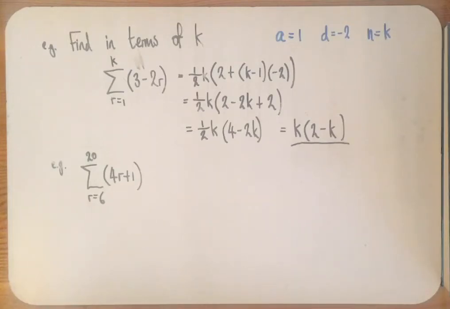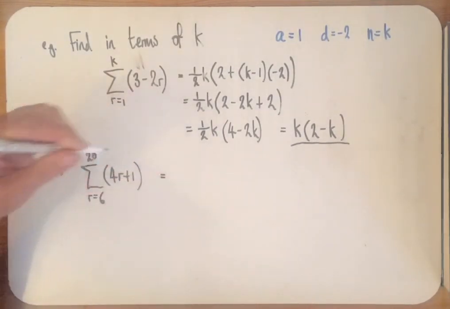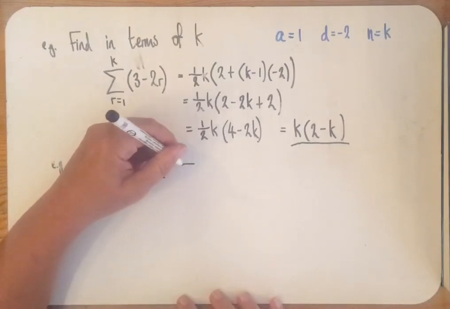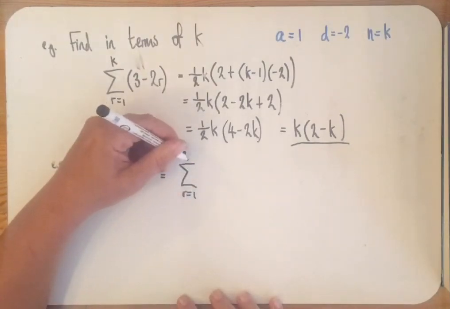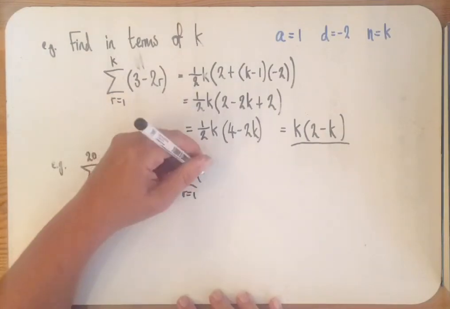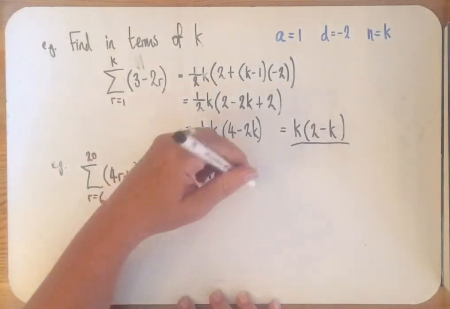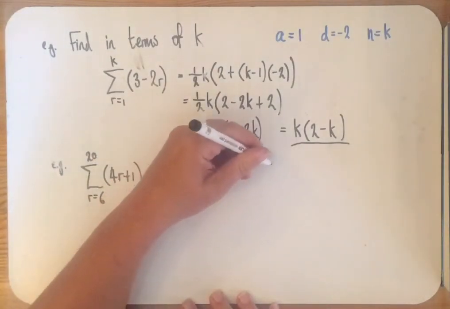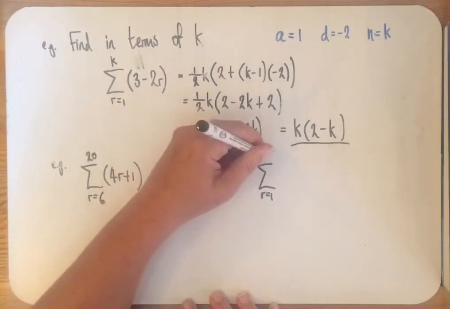And then going back to this one, if you want to sum the 6th term all the way up to the 20th, the way to do this is you can sum the first 20 and then you can take away summing the first 5.